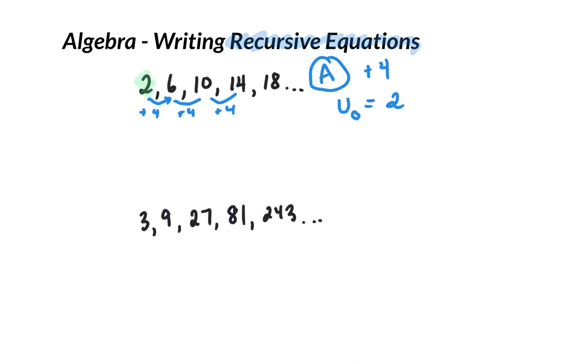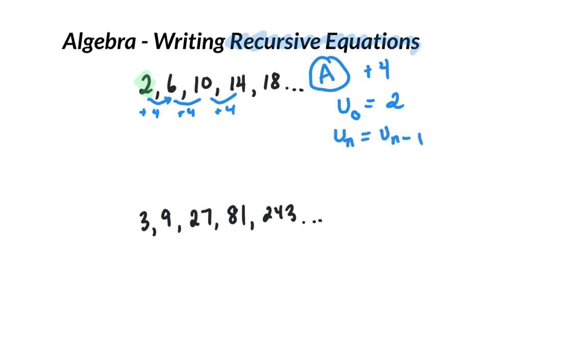Now, the next thing we're going to write, this is the confusing part sometimes, is we're going to say, to get to the next term, and we use an n. This is very general. We're saying, for any term I want, how I get it is I take the one right before it.